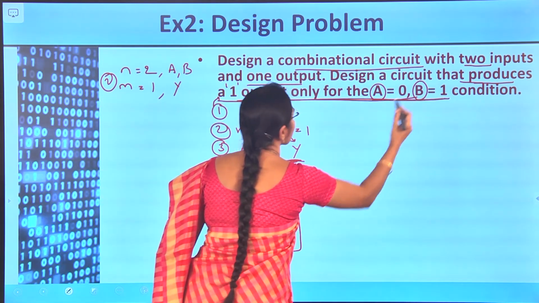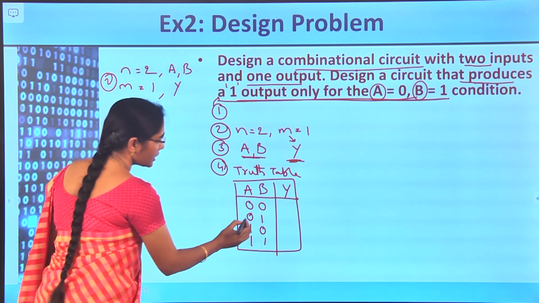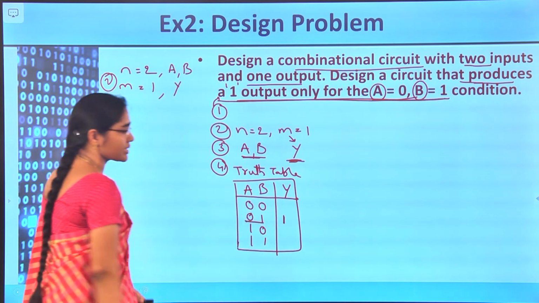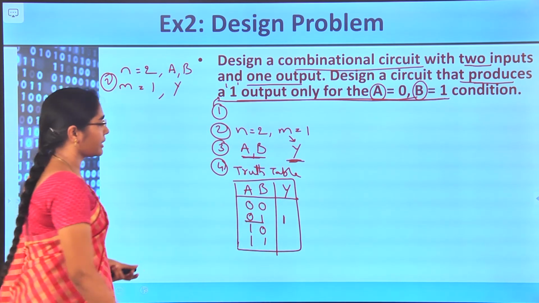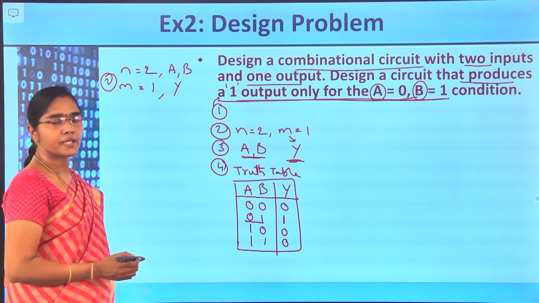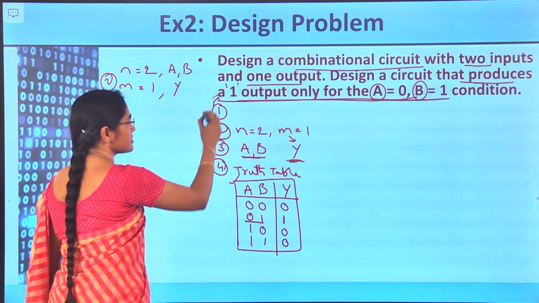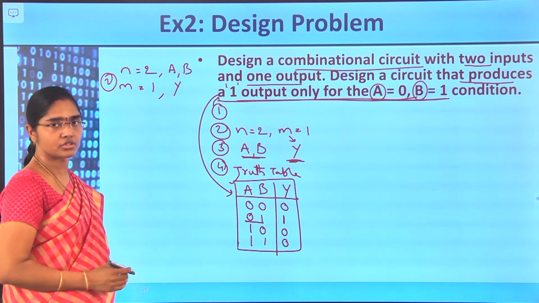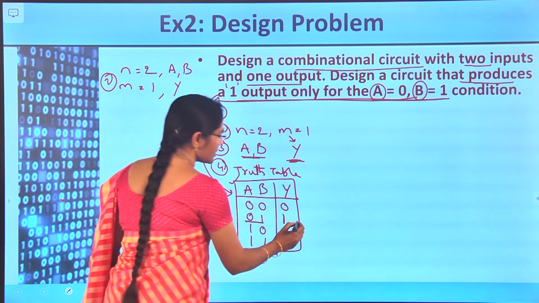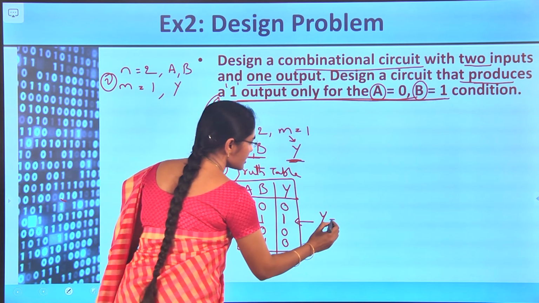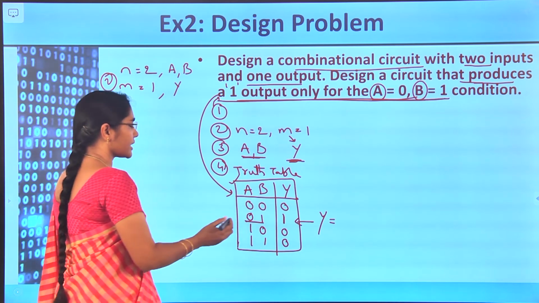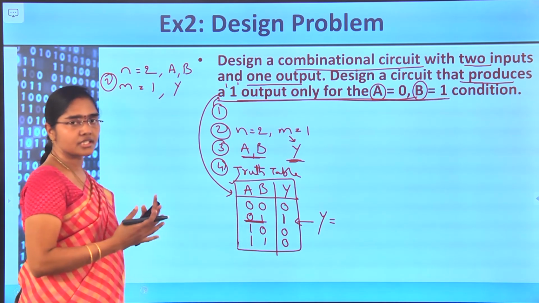As per the statement, y is equal to 1 when A is 0 and B is 1. So, only here the output is equal to 1, and for all the remaining combinations the output is 0. This is the actual given statement. This is the truth table. Now, from this write the expression for y. Since this truth table has only one 1 in it, directly this product term itself is its expression.